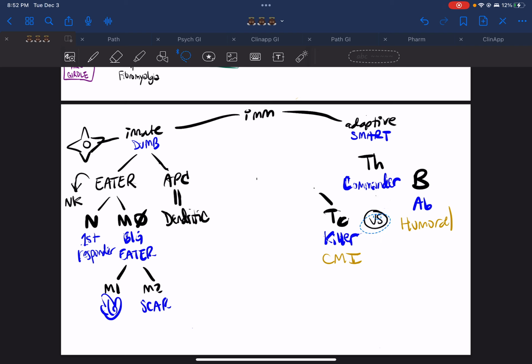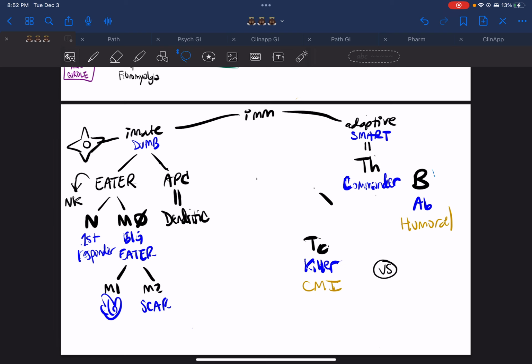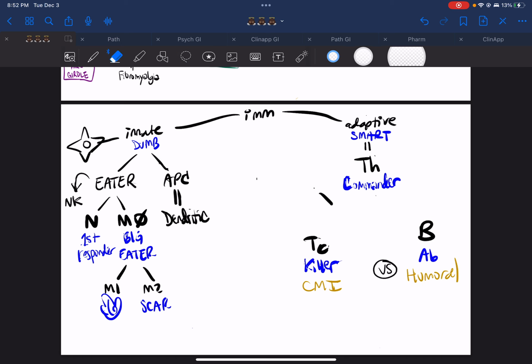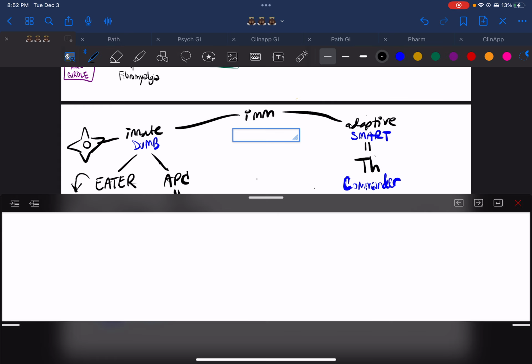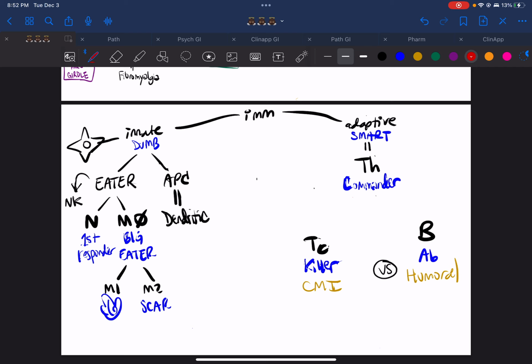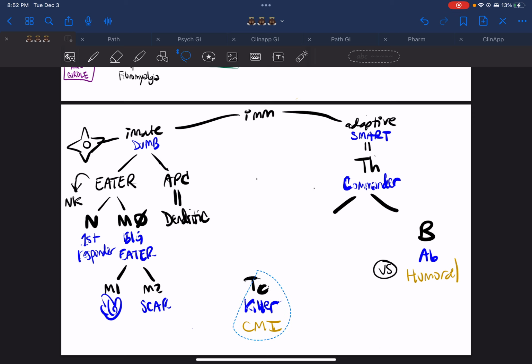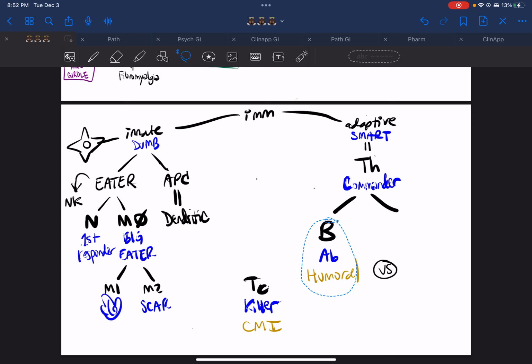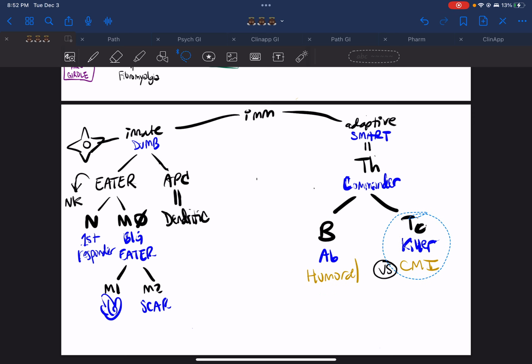And they say, Commander, look what we found. And that commander is the helper T cell. Then based on the type of germ, the type of antigen that's being presented, the commander is the one who makes the decision of what type of immunity to use. See? The commander makes that decision. He will choose which pathway to take.